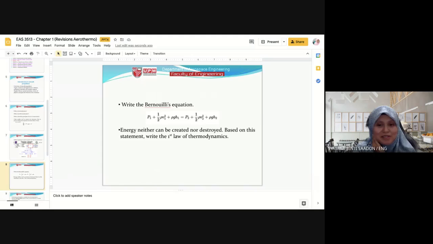There are multiple ways to write the first law equation. The one I have here is simple.